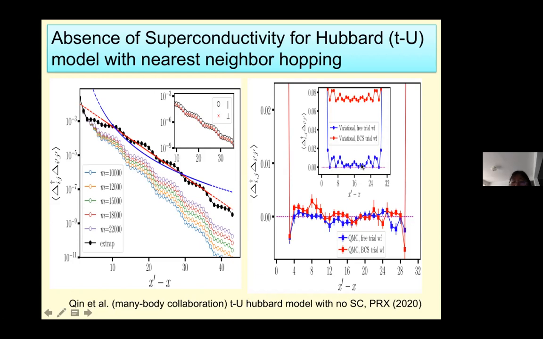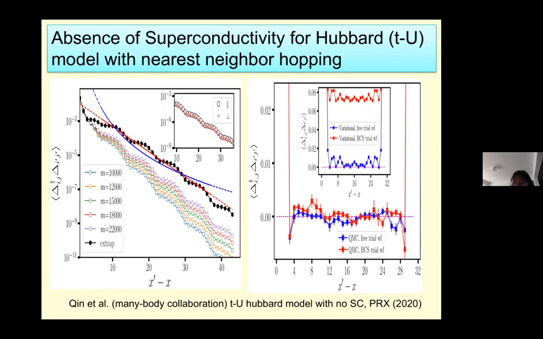I need to mention that for models with doping, we have the sign problem, so quantum Monte Carlo has to deal with it. They either use the fixed-node approximation or use brute force to deal with the sign problem.